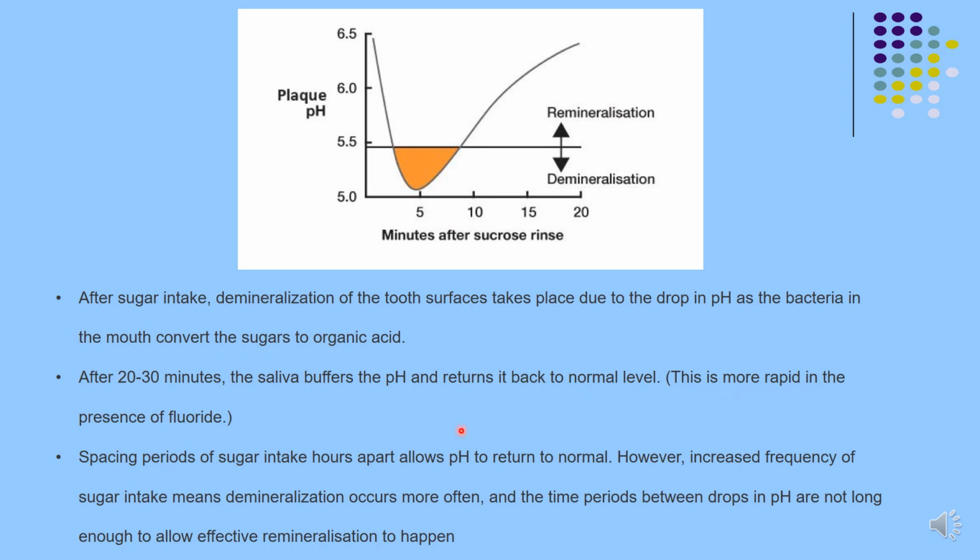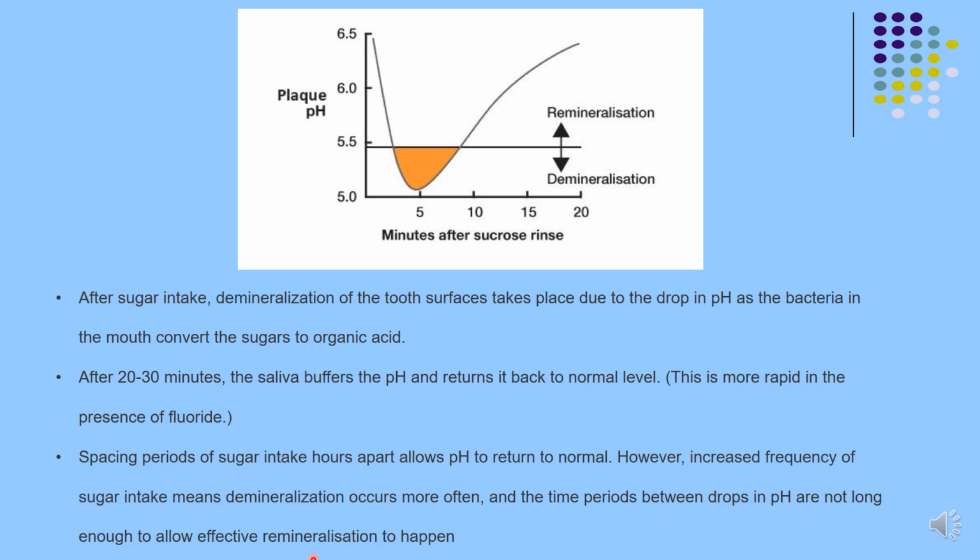Now this is more rapid if there is a presence of fluoride, which is one of the reasons why we are advised to have fluoride in our toothpaste, thus increasing its adsorption on the enamel surface and providing crystals called fluorapatite crystals, which are more resistant to acidogenic destruction.